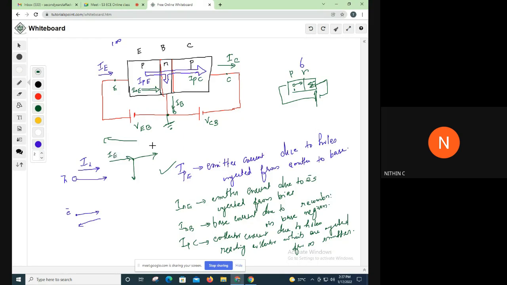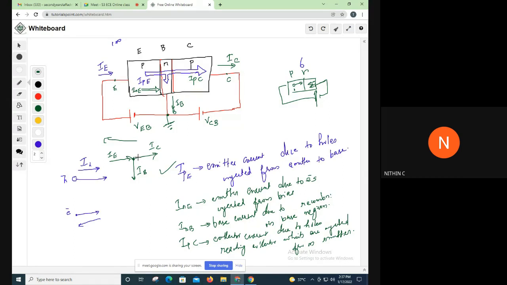If you are taking the entire transistor as a node, how will you represent the current equation in terms of IE, IC and IB?